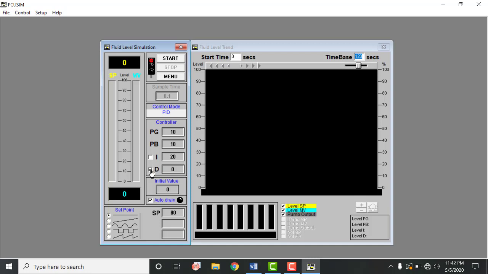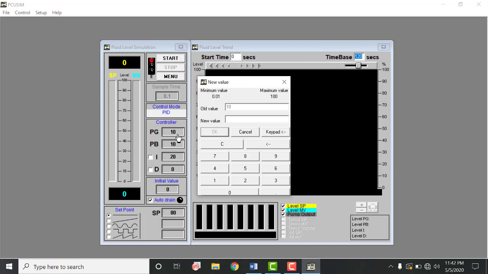First we will uncheck this I and D. By unchecking I and D, it means that we have only PG and PB. P is the proportional module, and it is the combination of PG and PB, and their product could be only 100. By means, 10 into 10 we can get 100.